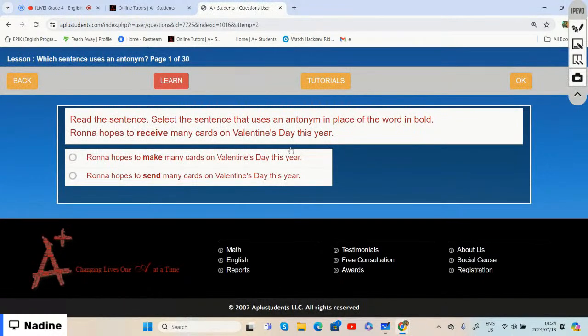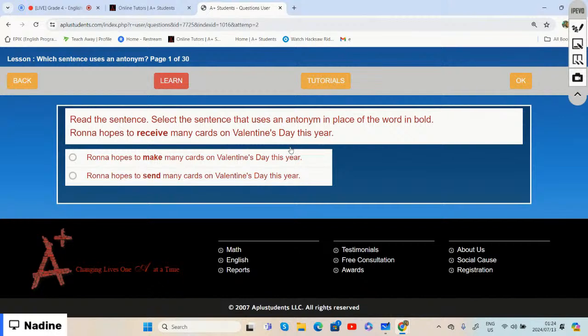It says we need to read the sentence and select the sentence that uses an antonym in the place of a word in bold. It says Rona hopes to receive many cards on Valentine's Day this year.